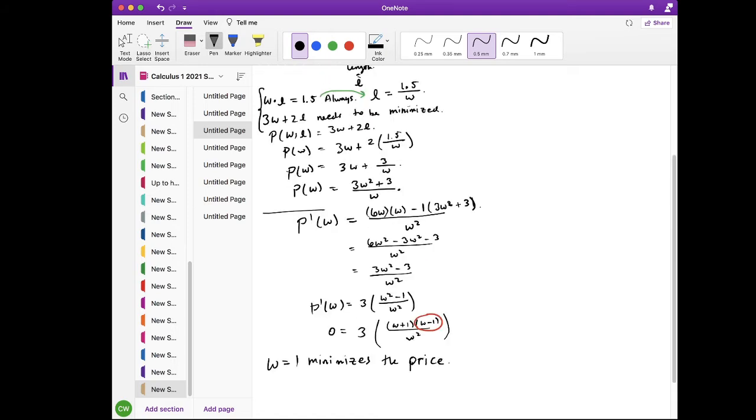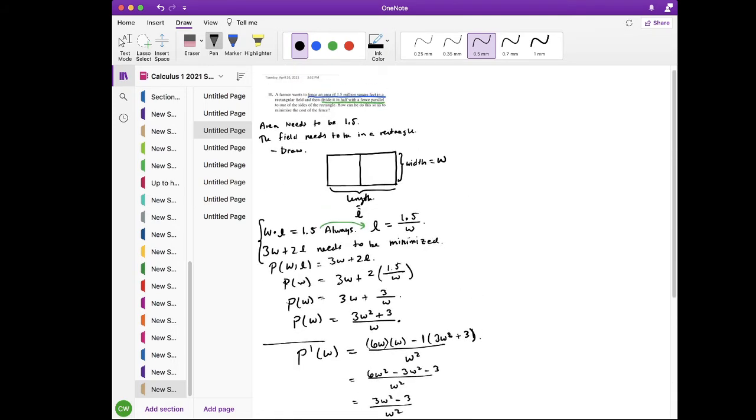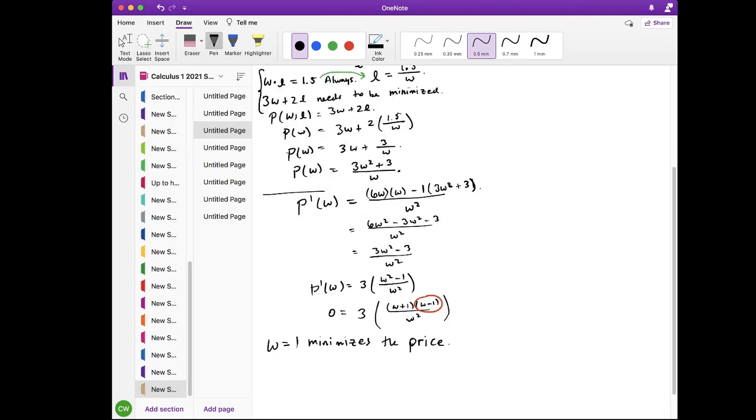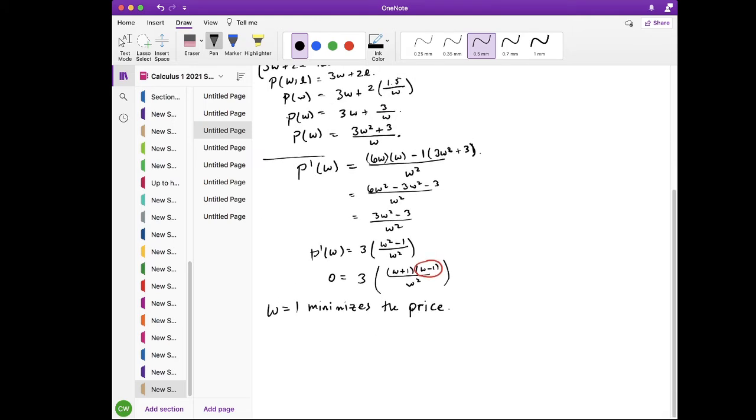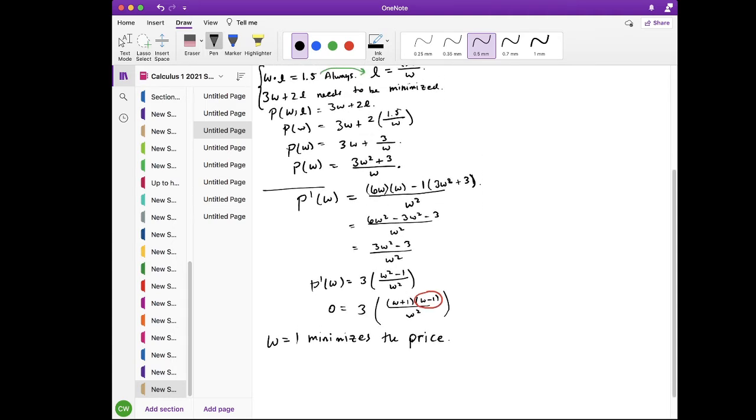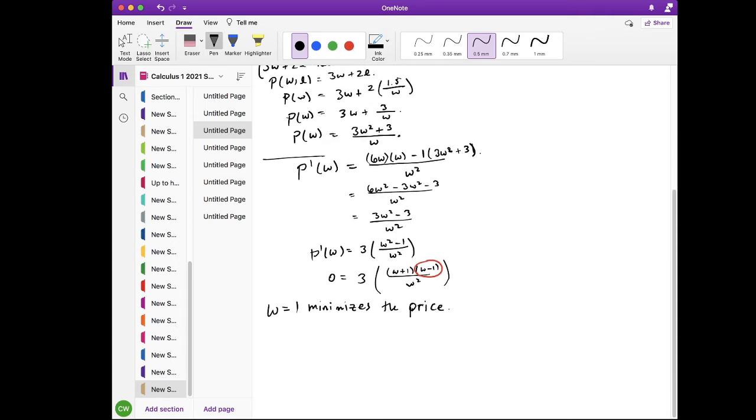Okay, so what do we want to do? The other thing we need to find is length, right? W times length is always 1.5. So L is equal to 1.5.